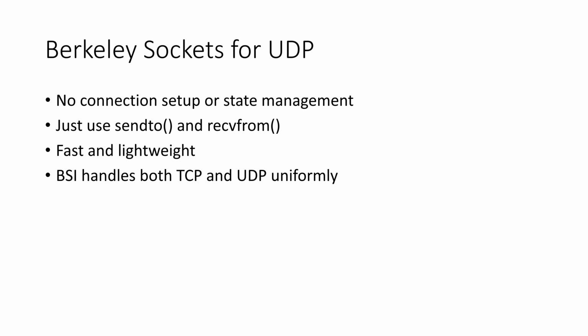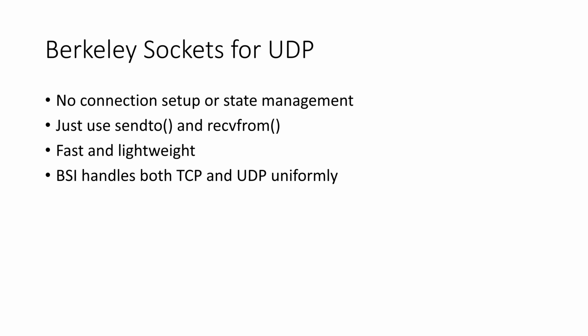For UDP, things are even simpler. Since UDP is connectionless, there's no need to establish or maintain a connection between client and server. You don't call listen, accept, or connect. Instead, you directly use send to send data to a specific IP address and port number, and receive from to receive data along with the sender's address.